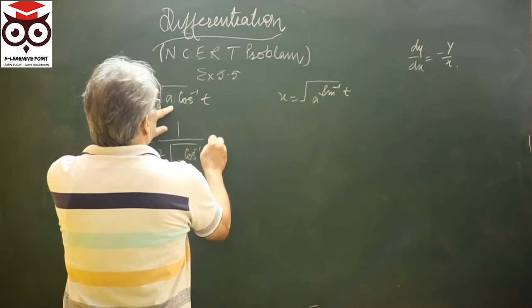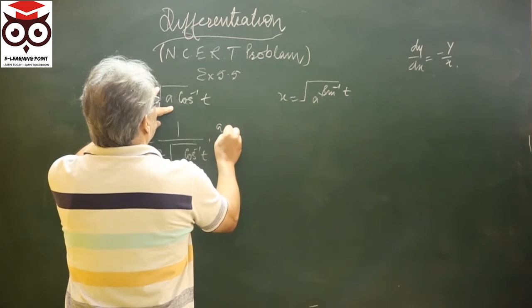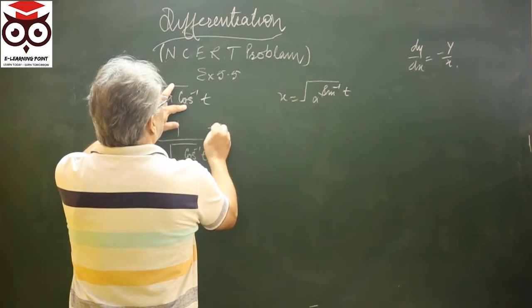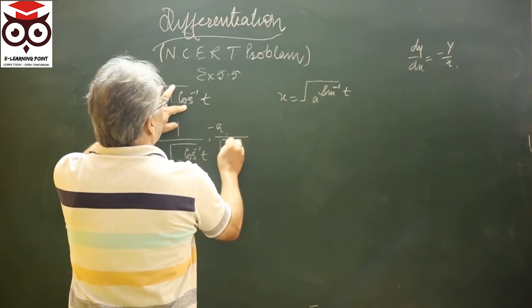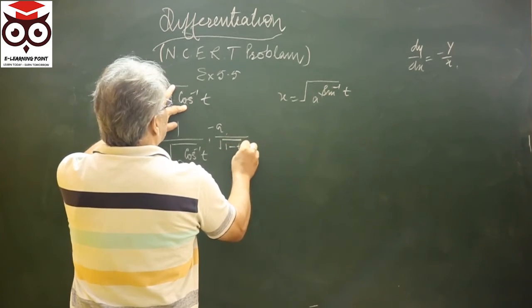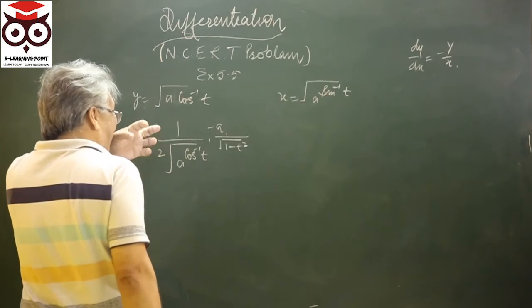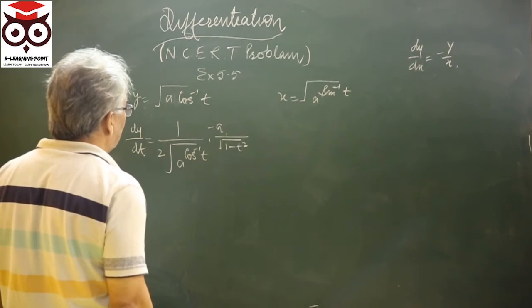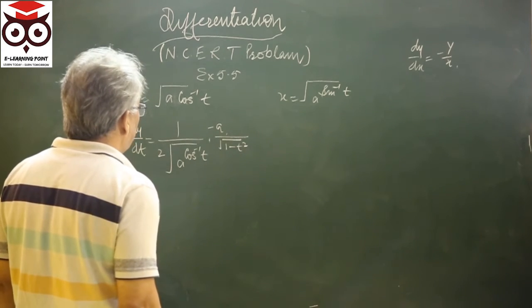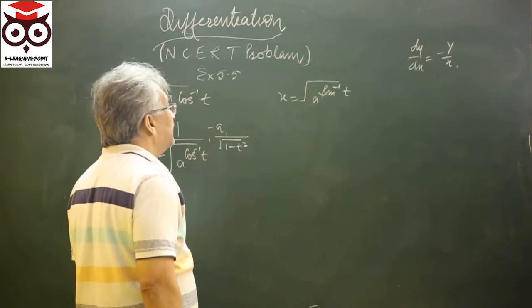Now, the differentiation of a is a constant, and the differentiation of cos inverse t is equal to minus 1 upon root 1 minus t square. This is dy by dt.